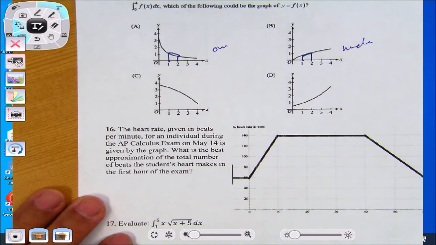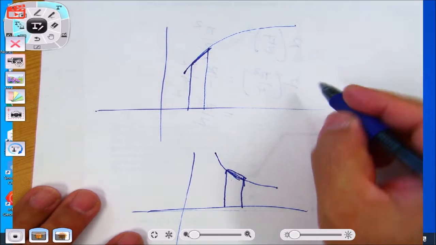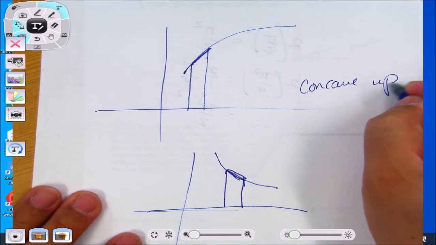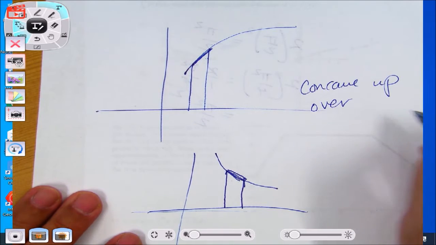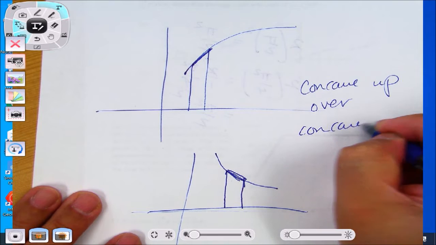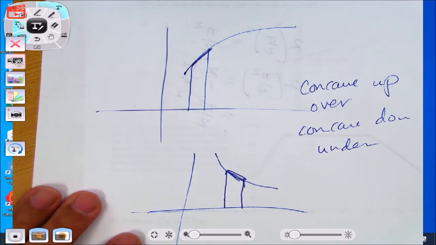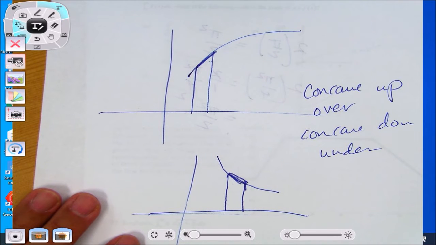Blake just generalized: if it is concave up, the trapezoid is going to be an over approximation. If it's concave down, the trapezoid is going to be an under approximation. That was his generalization, which is correct.